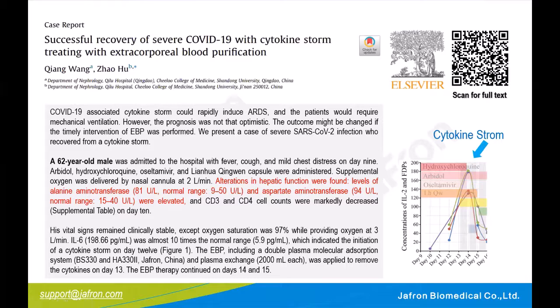So at this time, after staying in the hospital, the patient received the DPMAS after hemoperfusion therapy, so as to control the cytokine storm and to protect their hepatic function.